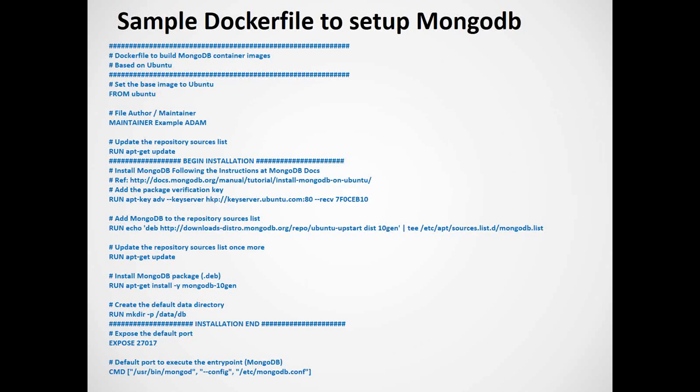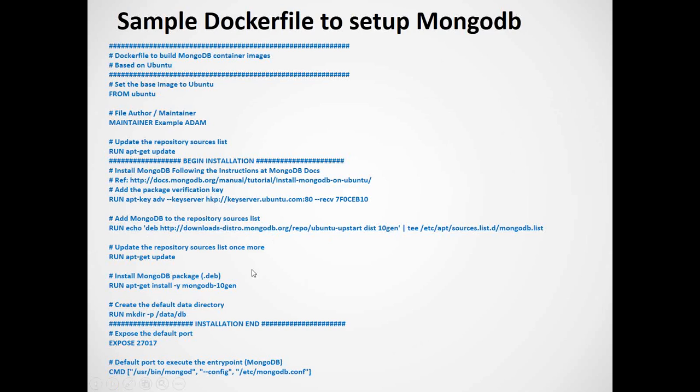And then the first thing you have to do is update your operating system's repository, so you give the instruction RUN apt-get update. After that, you need to specify from where you want to download everything. So that is what you specify here: this is the repository from which we are going to download MongoDB.